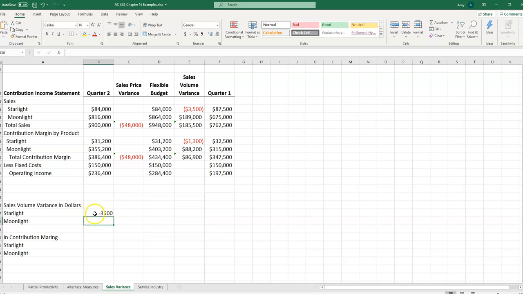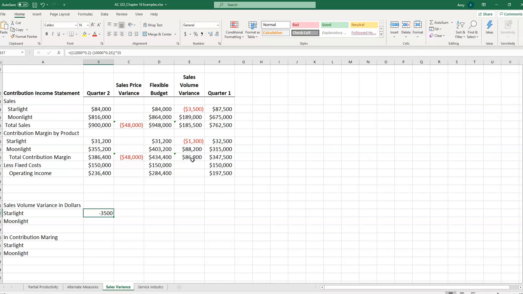And our $35 sales price. We can see here that that's a negative $3,500. We do that for both the Moonlight and the Starlight for contribution margin and sales dollars, and we'll get the same numbers as the variance that we have here.